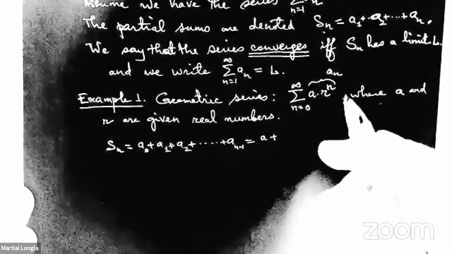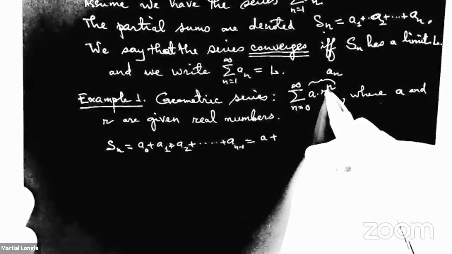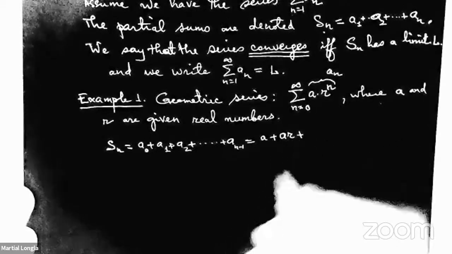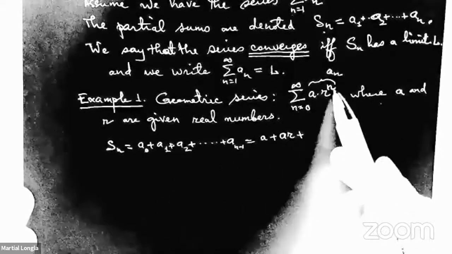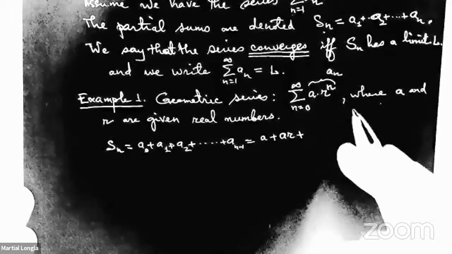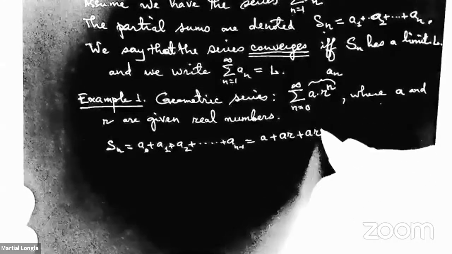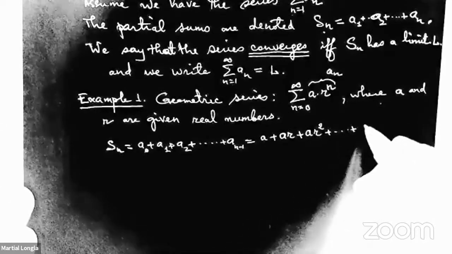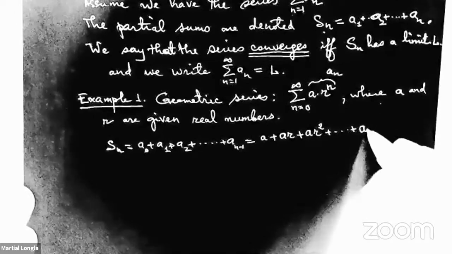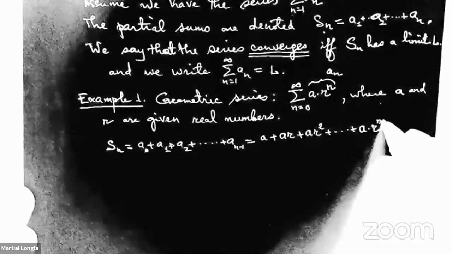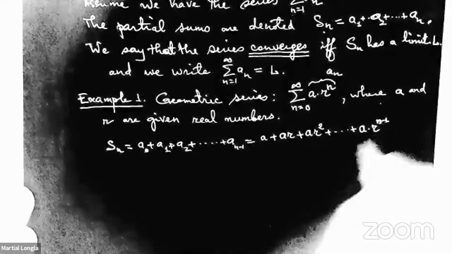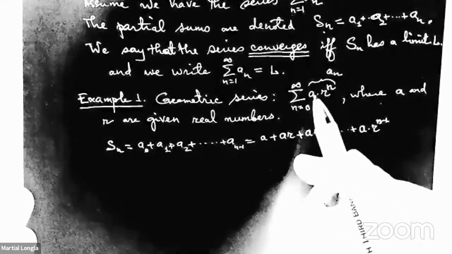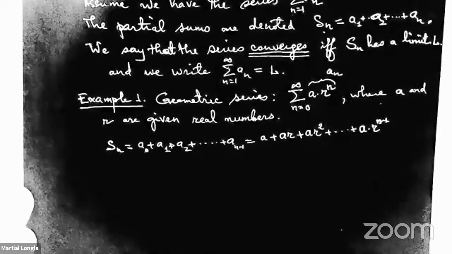Plus a_1, that's n equals 1, so a times r, plus a_2, replacing n by 2, that's a times r squared, plus all the way down to a times r to the power n minus 1, because in the last one we replace n by n minus 1.